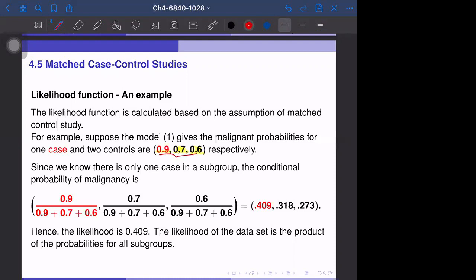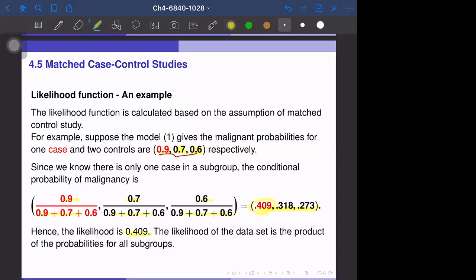We divide the original number by the sum of these numbers to make the summation equal to 1. With this, the likelihood of this subgroup of three observations is equal to 0.409.